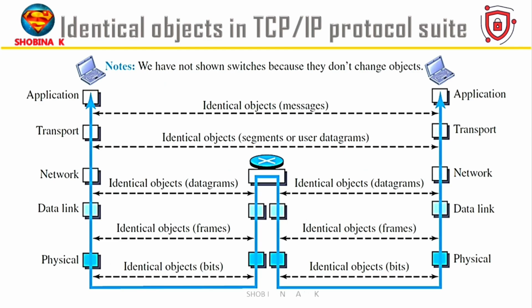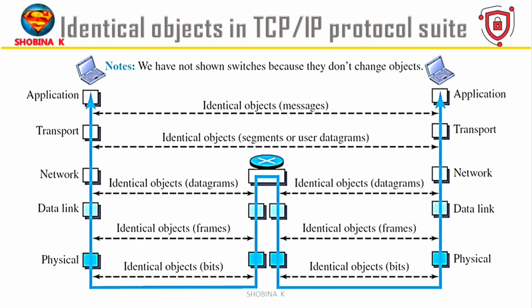Now let's understand how data units stay the same or change as they move through the layers in the TCP IP model. Each layer in the TCP IP protocol suite creates a specific data unit like message, segment, packet, frame, and bits. If the data unit stays the same from one hop to another, we call it an identical object. Now look at the diagram.